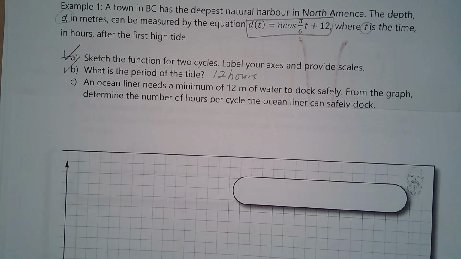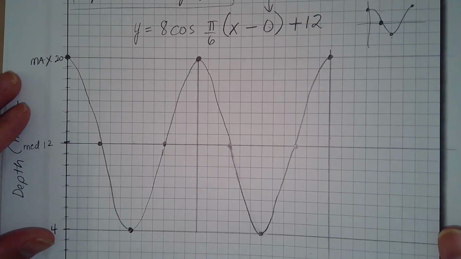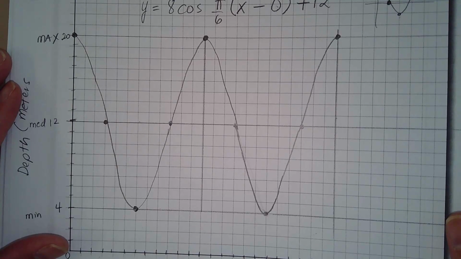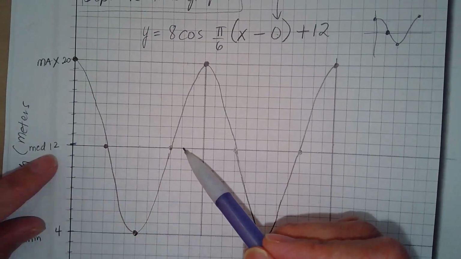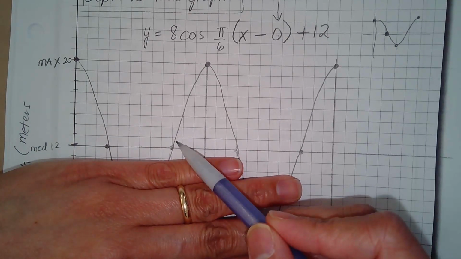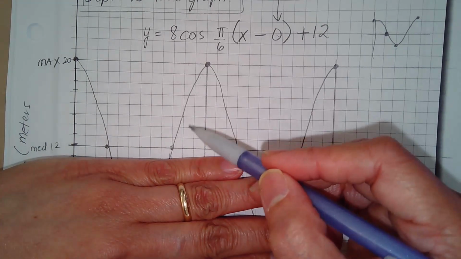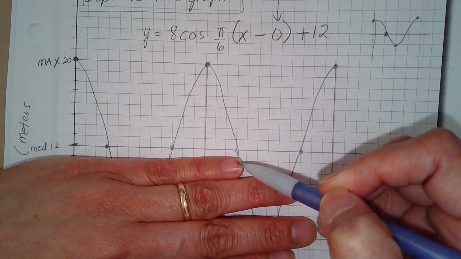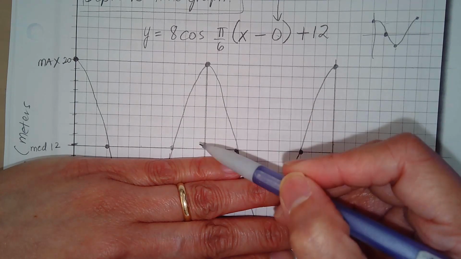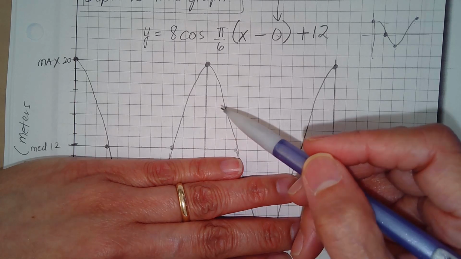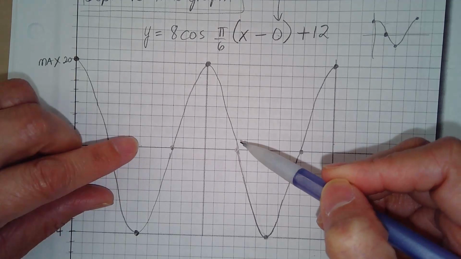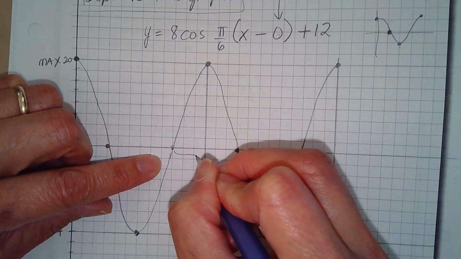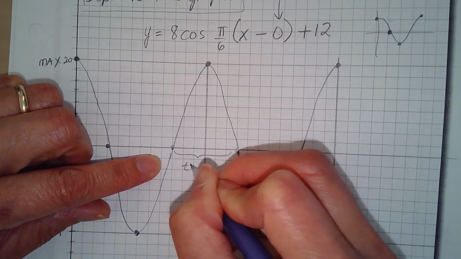So how long, the number of hours, can they dock safely? Minimum 12 meters. So this is 12, and up here is more than 12 meters, do you see that? So the question is how long this time is.